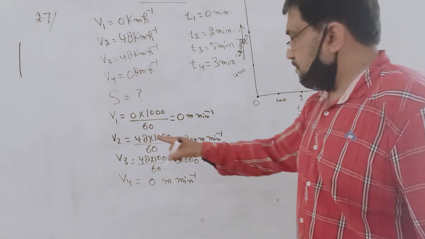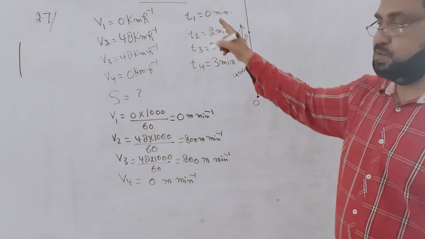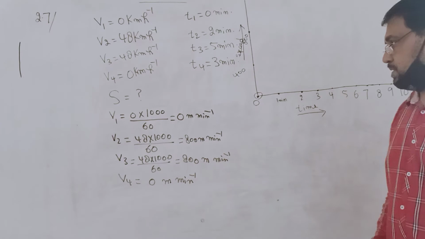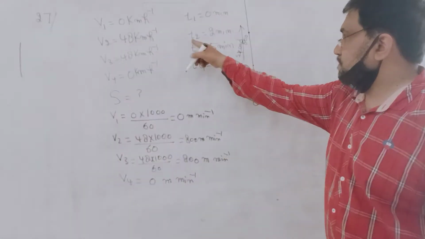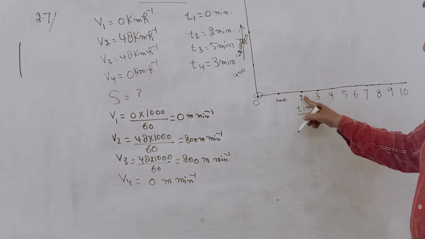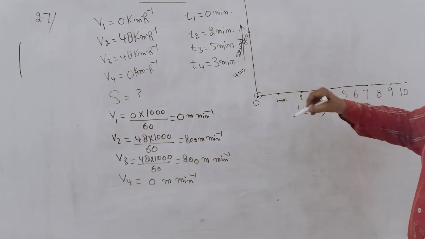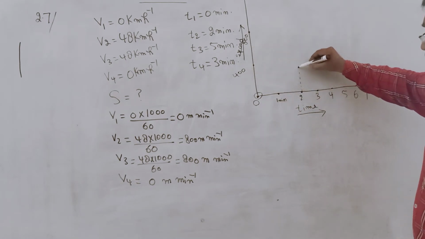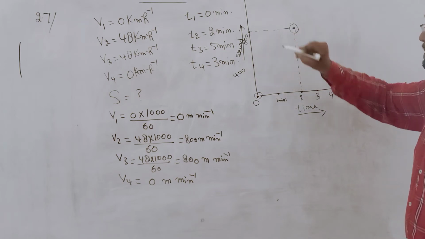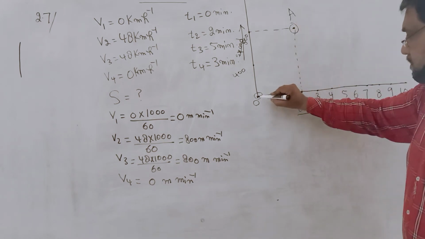Initially, when velocity is 0, then time is also 0. So the first value is 0, 0. Second, when time is 2 minutes, then velocity is 800 meter per minute. So the second point is A. Join O with A.